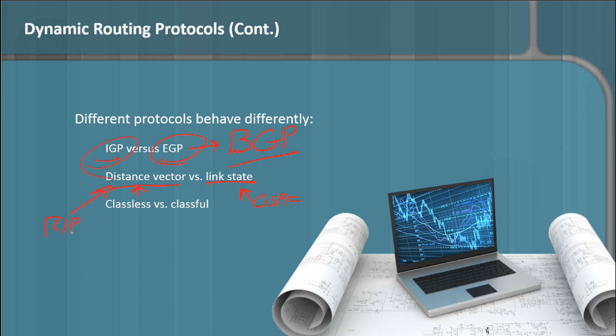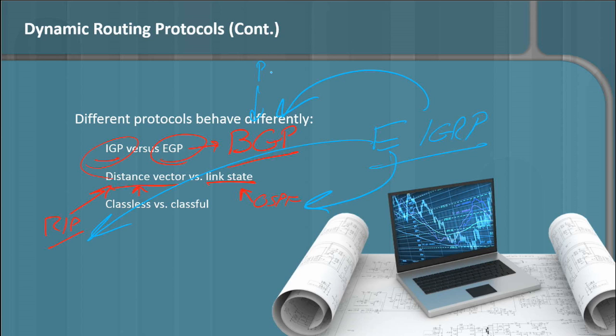RIP is distance vector, and they say that EIGRP is an advanced hybrid. It literally is. EIGRP borrows some properties from BGP, some from OSPF, and some from RIP. So they looked at how all the other protocols worked, and they decided to do things a little bit differently with this one. So it's sometimes classified as advanced distance vector, sometimes they just call it a hybrid.